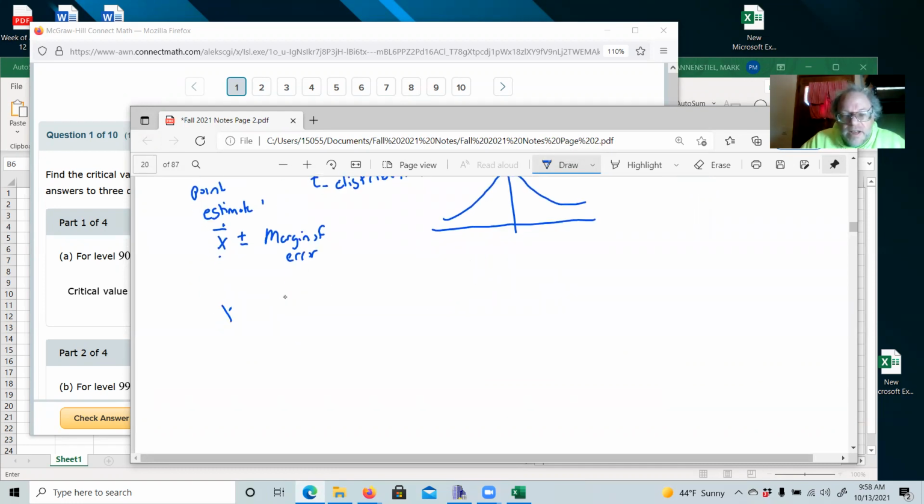Okay, so this is x bar plus or minus t, alpha over 2, same alpha as before. And then we have a degrees of freedom, and then s. So instead of using sigma, we're using the sample standard deviation over the square root of that. Okay, so s, remember, that's the sample standard deviation. And n is the sample size.